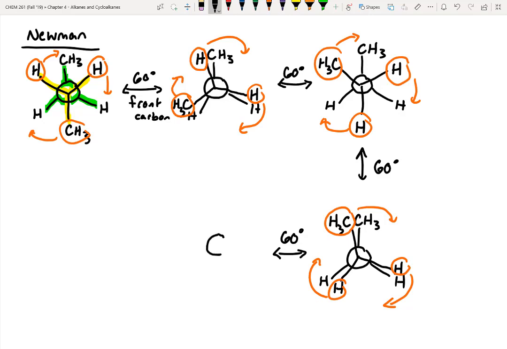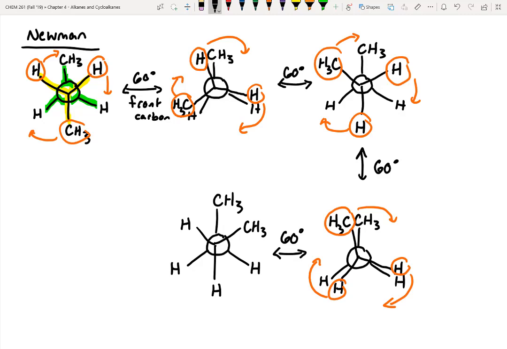Back carbon during this entire rotating process hasn't changed one bit. Now we'll get a new staggered conformation. What's going to be in the top right-hand corner? The methyl. So we can fill that in. Means we've got hydrogens down here and down here.